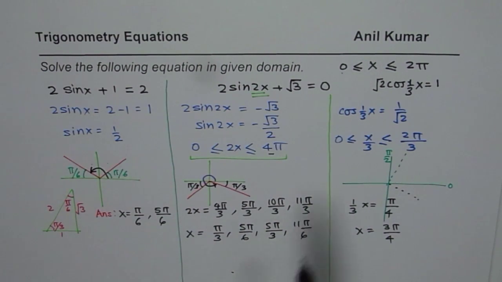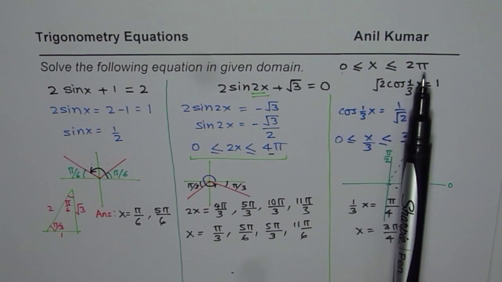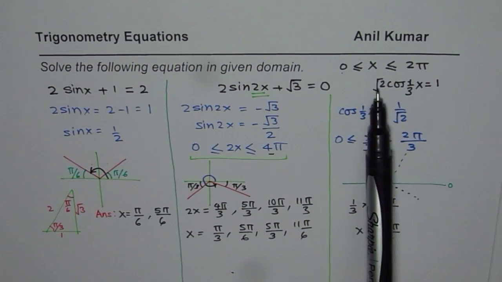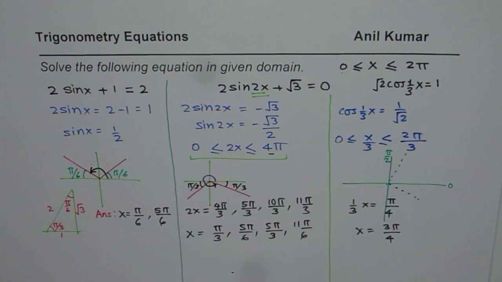The reason is that within 0 to 2 pi, we had a wave which was 1/3 of cosine wave, right? And therefore 1 over square root 2 was only for one particular value of x, which is 3 pi by 4, right? I hope with this you understand the concept, and it helps you to solve questions where the domain could be changed since the argument is different. I hope that helps. Thank you.